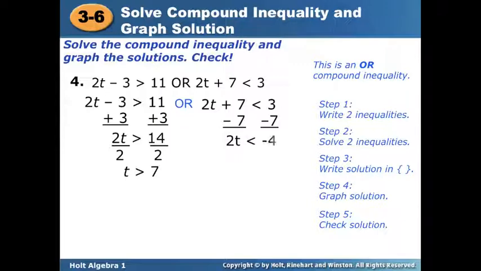We have 2t is less than -4. We'll now divide by a +2. We will not flip the direction of the sign because we are dividing by a positive. Check your answers and correct anything you did incorrectly.